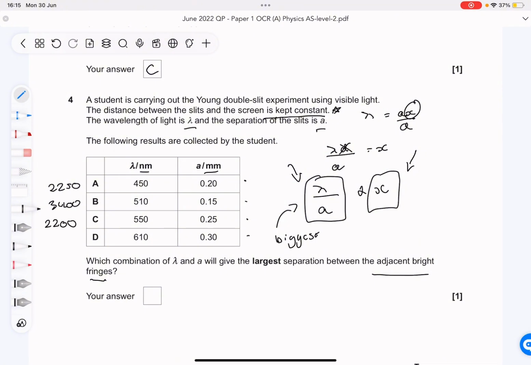And if I do 610 over 0.3, I get 2033.3. So the biggest answer is B. Therefore, the separation between the fringes will be the biggest when we use B. Therefore, B is the correct answer. I hope that made sense, guys.